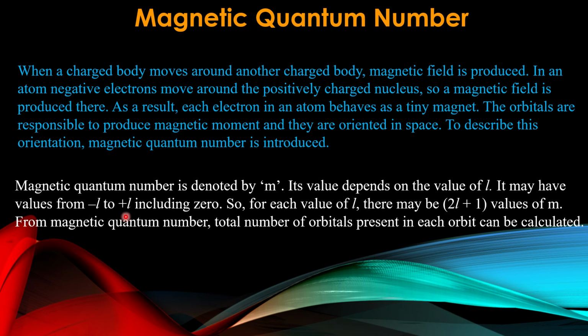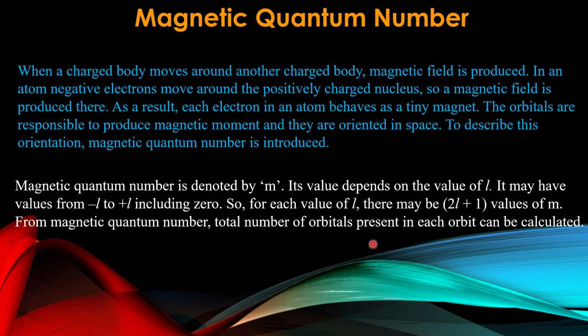It may have values from minus L to plus L, including 0. That means if the value of L is 1, then the value of M will be minus 1, 0 and plus 1. So, for each value of L, there may be 2L plus 1 values of M.